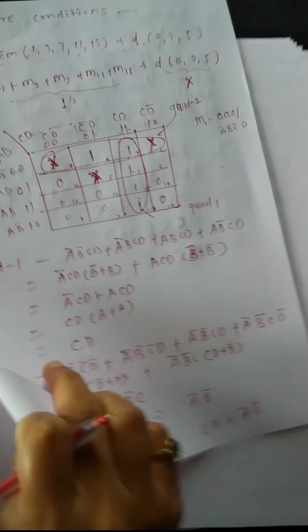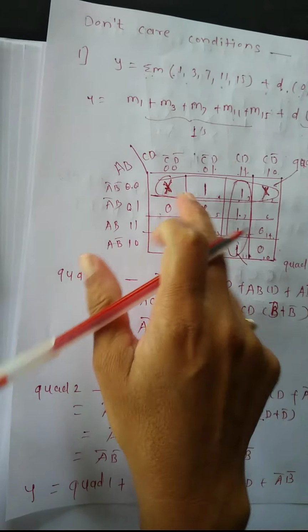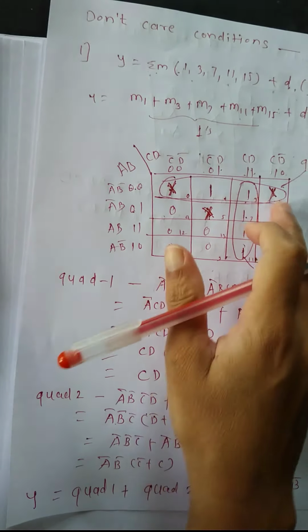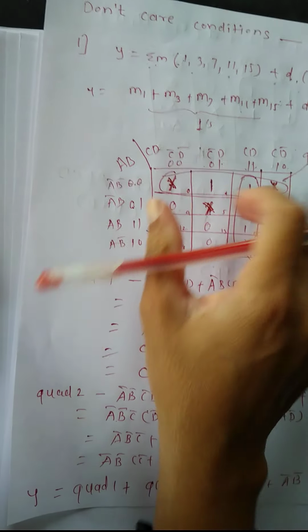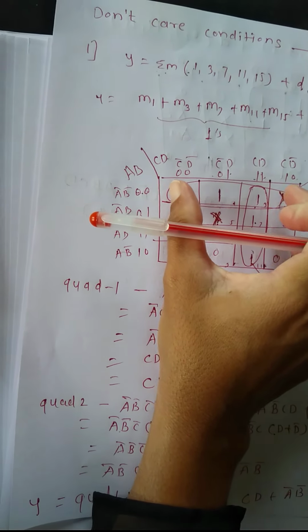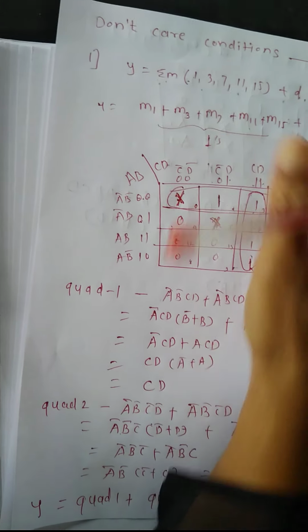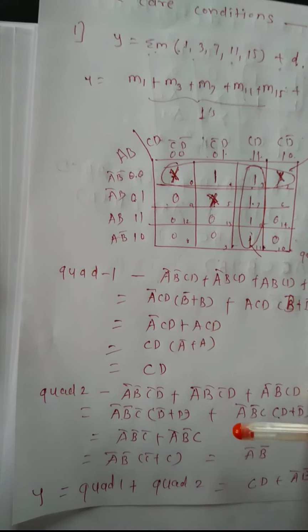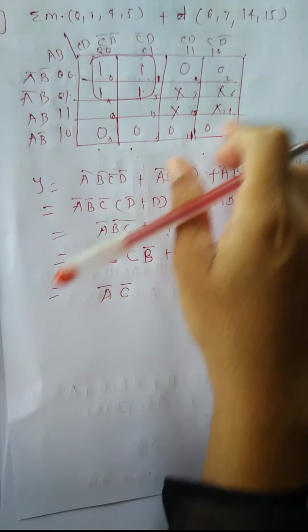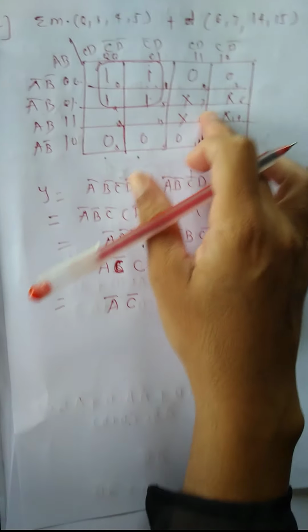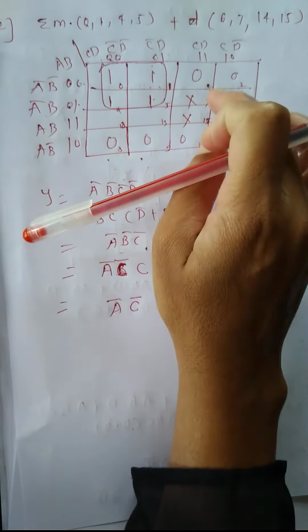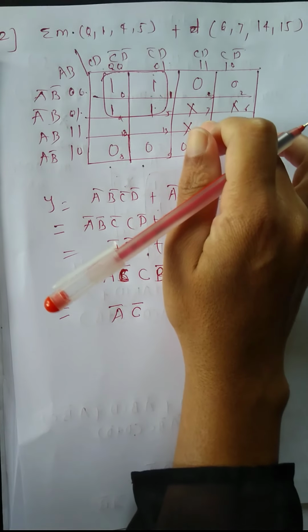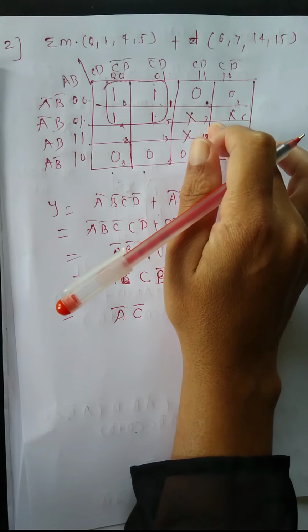In this first problem, for grouping we consider the don't care as a logic 1; here A is not required for grouping. So in this second problem we have to consider the don't care as a logic 0.